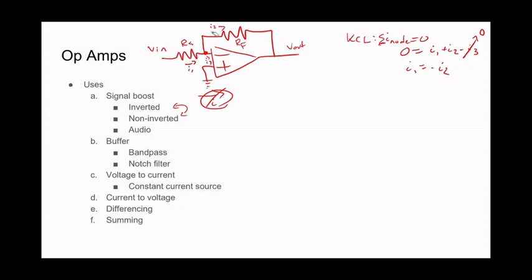The simplification sets that to a negative, which makes this a positive. Now both of these are equal to each other, and we can call it simply I.